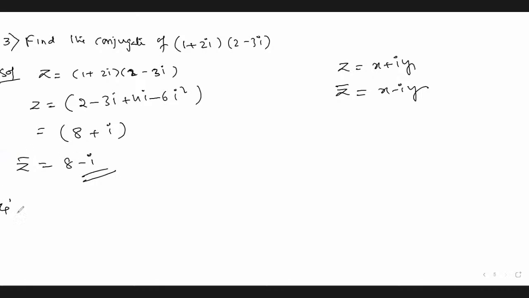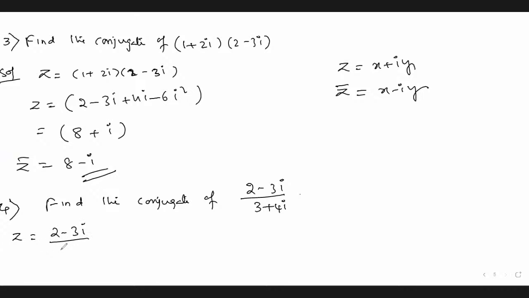Now same model problem. Find the conjugate of (2 minus 3i) by (3 plus 4i). Same model, z is equal to 2 minus 3i by 3 plus 4i, but take the conjugate of the denominator and multiply and divide by 3 minus 4i.